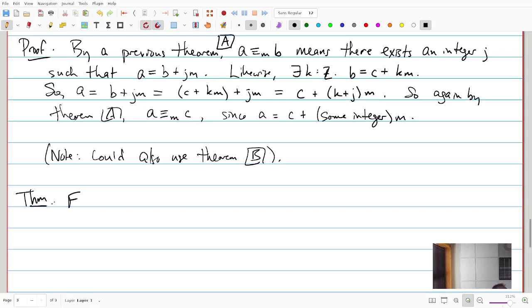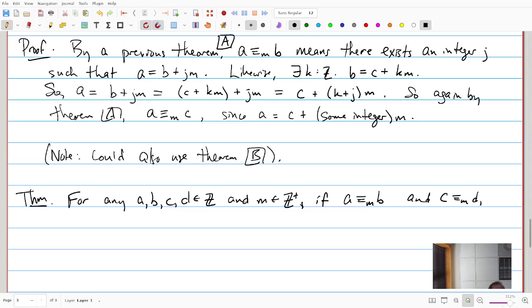We'll talk more about the implications of this next time, but for any A, B, C, D, which are integers, and M, which is a positive integer, if A is congruent modulo M to B, and C is congruent modulo M to D, then, first of all, A plus C is equivalent modulo M to B plus D. So this says if I have two things that are equivalent, and some other two things that are also equivalent, I can add them, and that preserves equivalence.